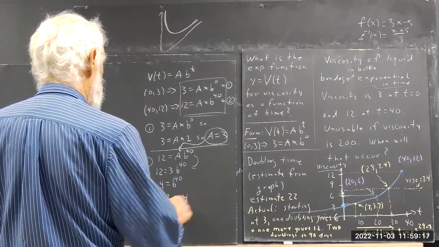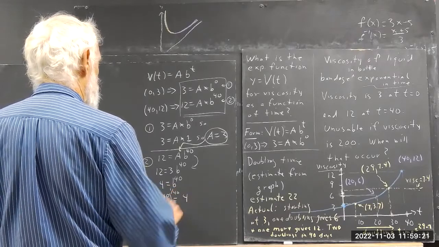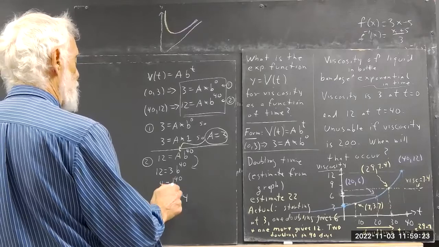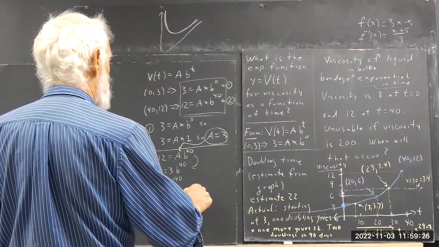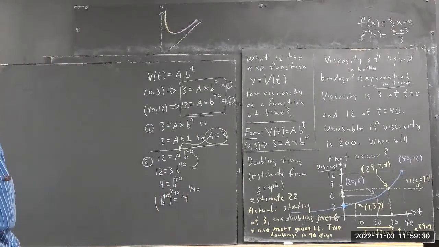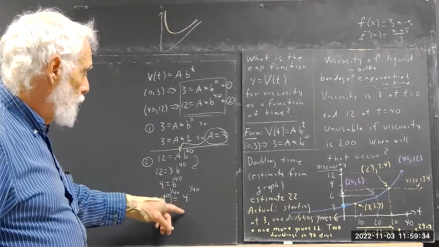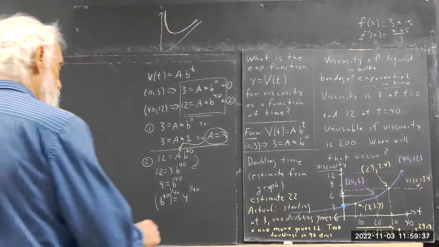And I'll flip sides here. I'll take B to the 40th and raise that to the 1/40th power. You could also call that the 40th root. The B to the 40th to the 1/40th is 4 to the 1/40th.